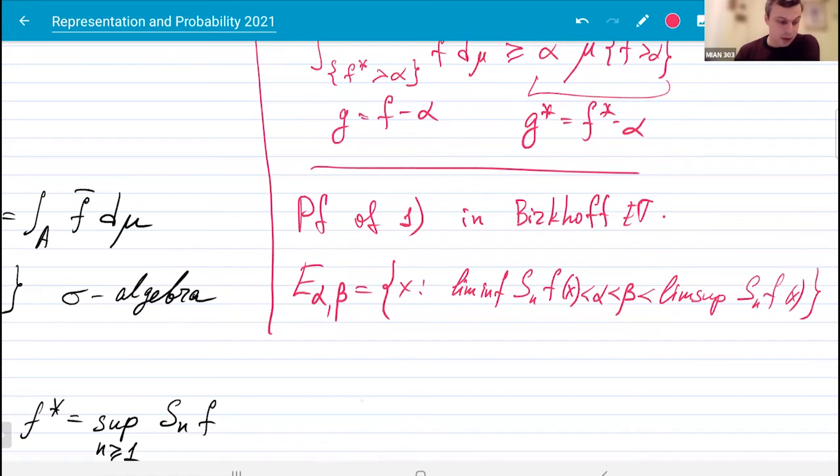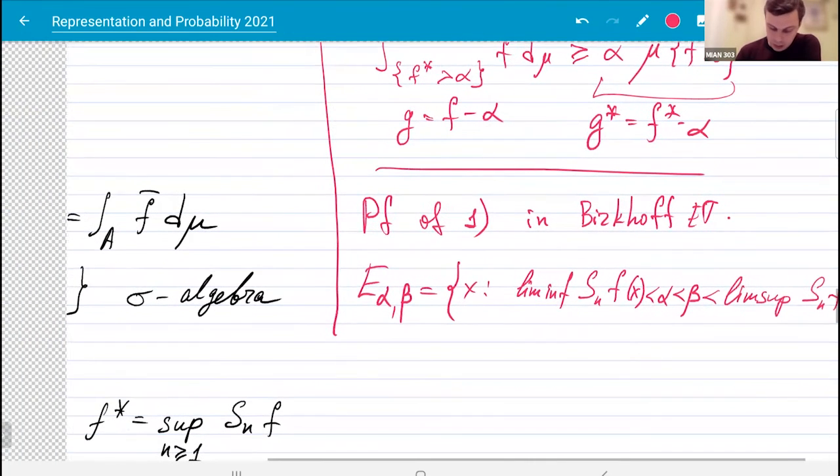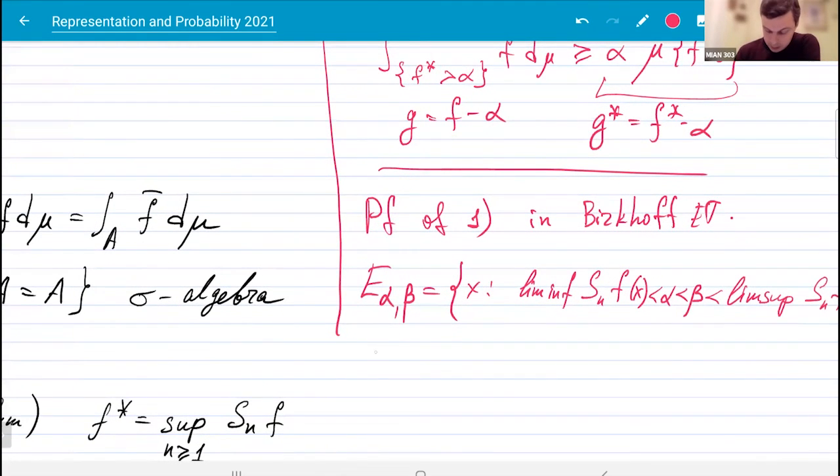What I want to say is that, first of all, let us consider also the set E, the set such that the limit does not exist.